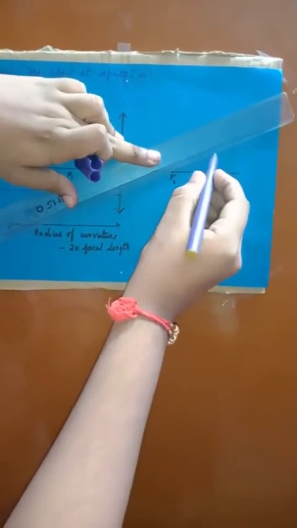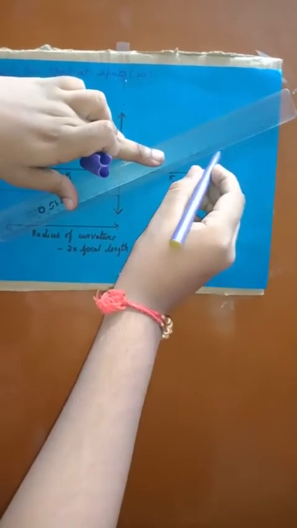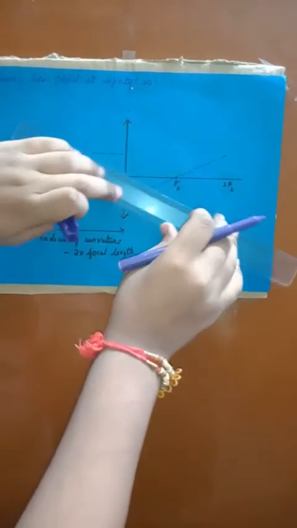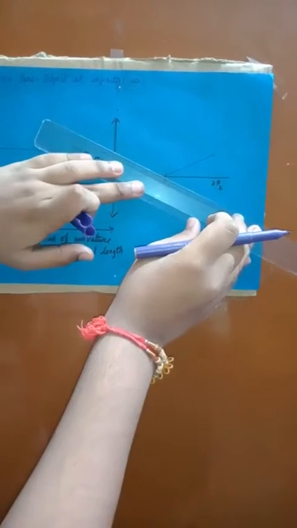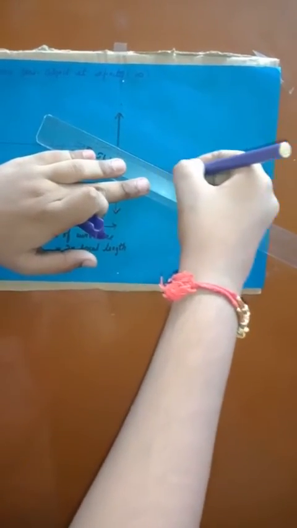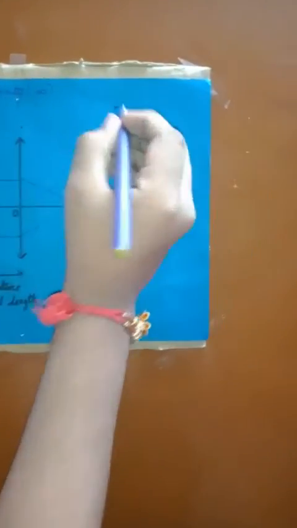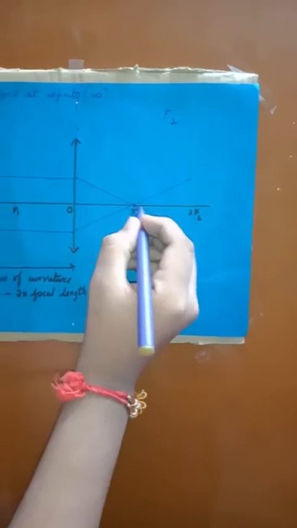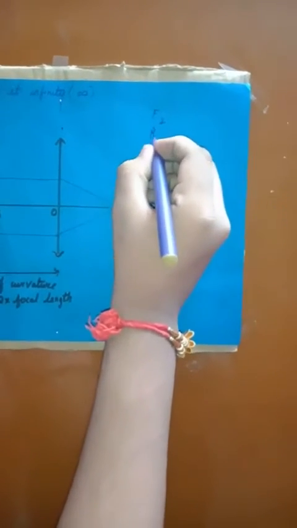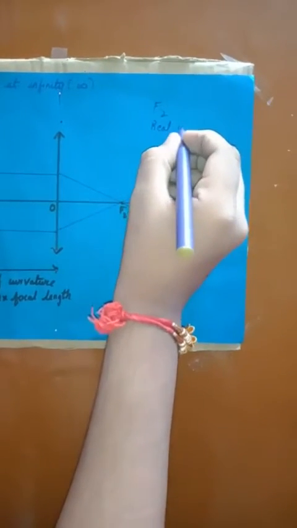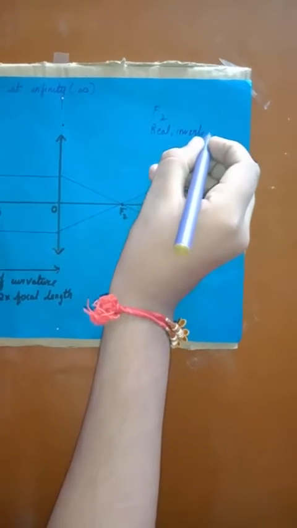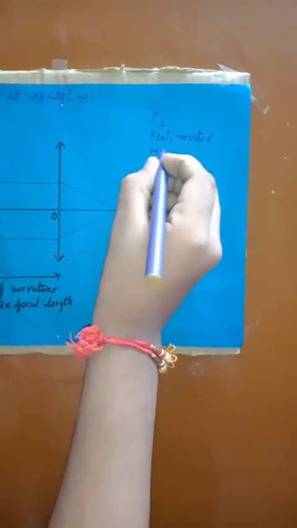Yes, it's at the focus, because the standard incident ray which is parallel to the principal axis would meet at the focus. After refraction, it met at f2. So what type of image is formed? Yes, it's real, inverted and very highly diminished, right?